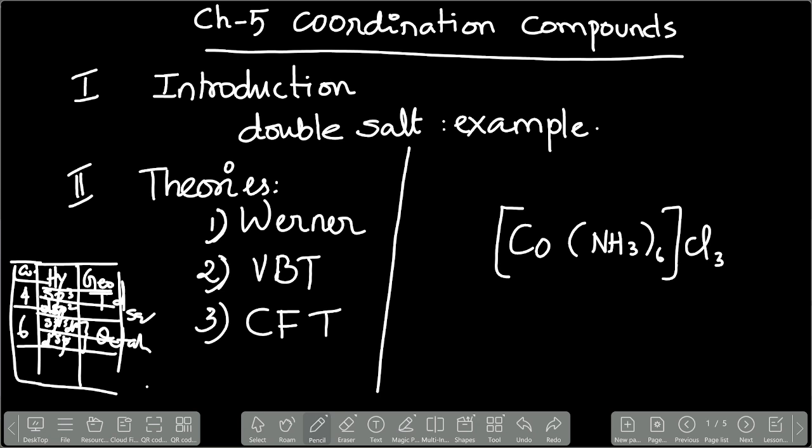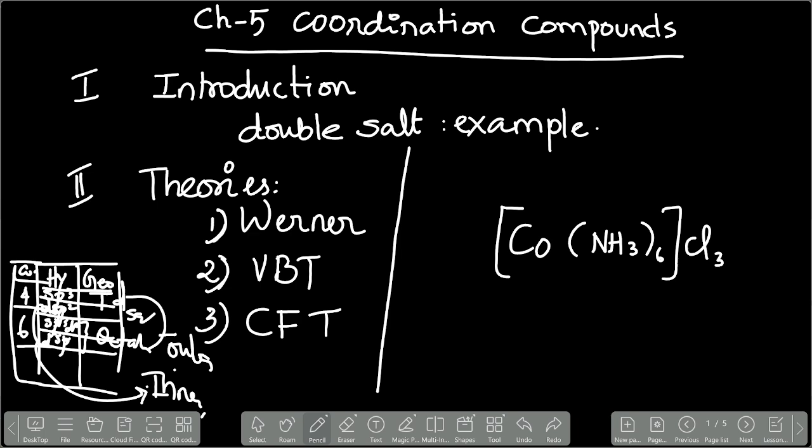So don't forget to draw this table. And one more point you can mention: sp3 and sp3d2 are called outer orbital complexes. When the hybridization starts with the d orbital, that is called an inner orbital complex. So these points you must remember for valence bond theory.